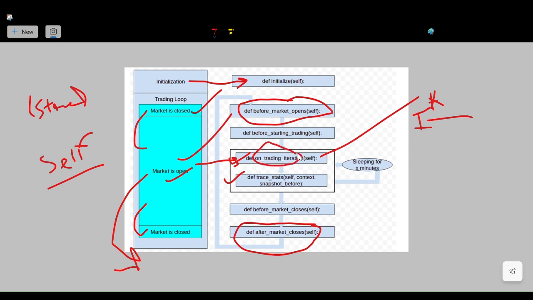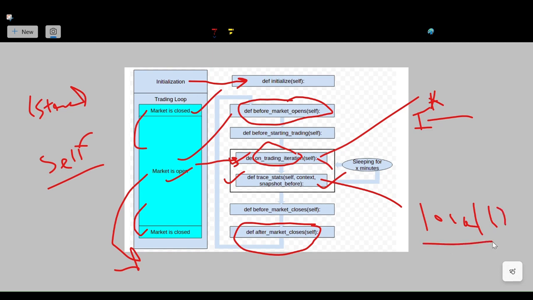So basically at the end of on trading execution, trace_stats is used. In trace_stats, a function is used called locals. You can see I am unable to write it, but I'm writing it.